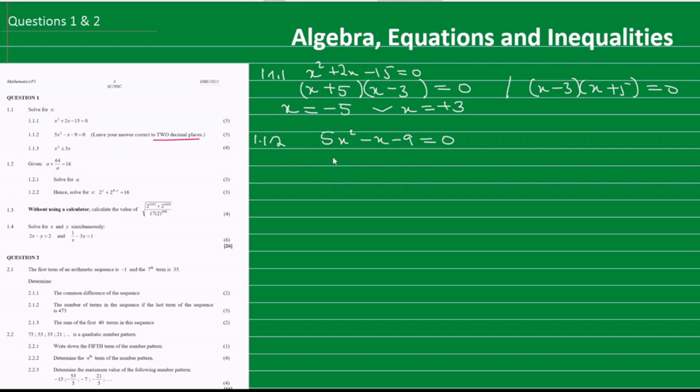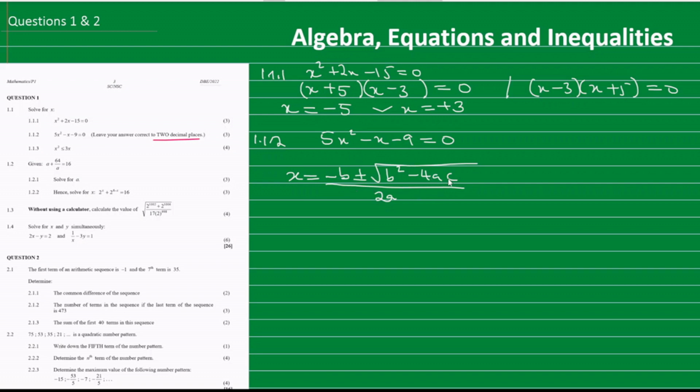So the method that we use here is the quadratic formula, which states that x is equal to minus b plus or minus the square root of b squared minus 4ac, over 2a. Most students are quite comfortable with this method.